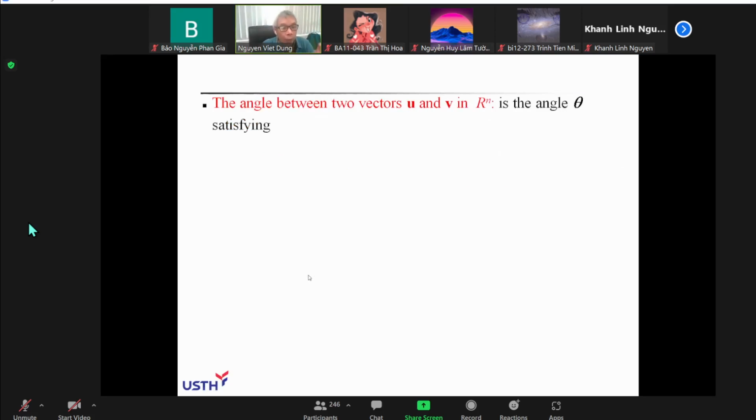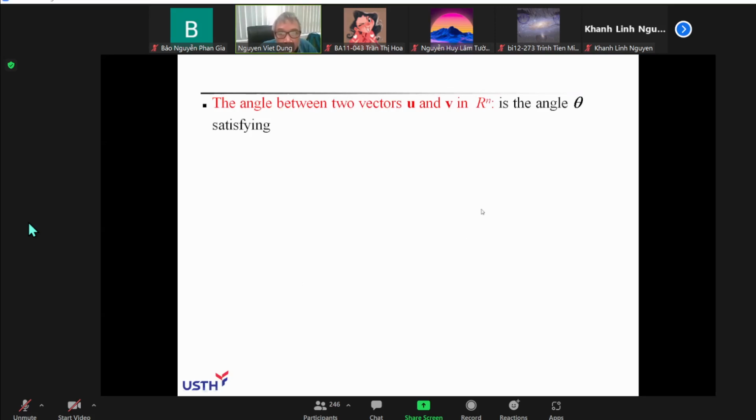Now I am going to define the angle between two vectors. In high school, you know already that a vector is a geometric object, so you can define the angle. But now, given two vectors in n space, meaning we have two sequences of real numbers, we can also define the angle.